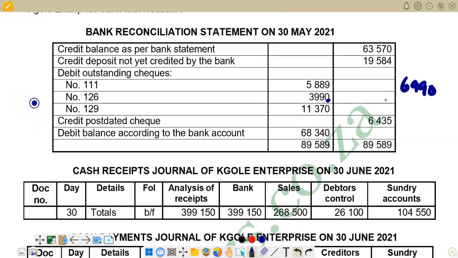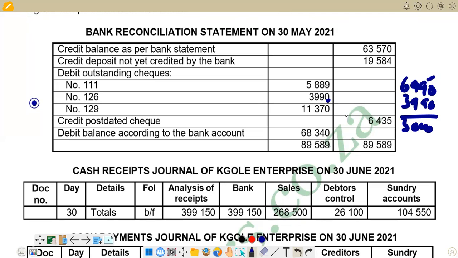So what does it mean? It means we've got a smaller figure in the cash payments journal, because the correct figure on the bank statement is 6,990. So we calculate the difference and add it to 3,990 so that it reaches 6,990. If you say 6,990 minus 3,990, we get 3,000 as our difference. So we are going to put 3,000 in the cash payments journal so that it reaches 6,990.